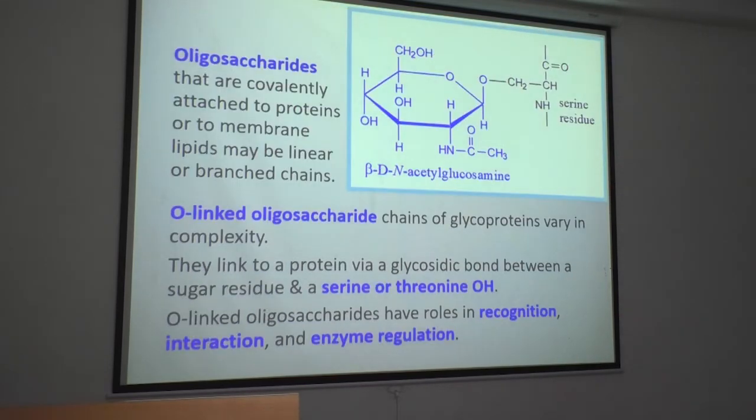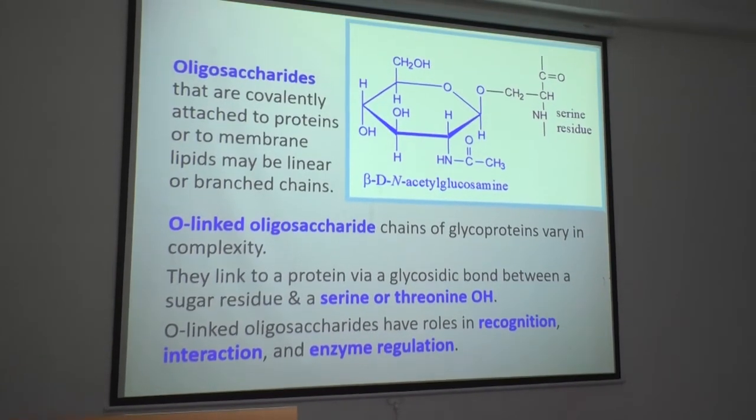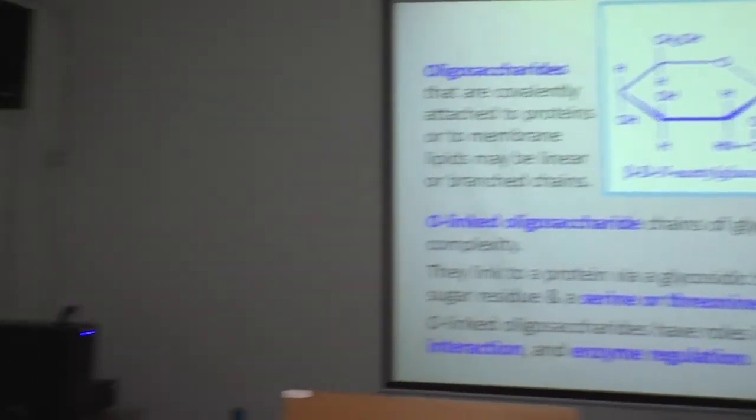Oligosaccharides are basically found attached with glycoproteins mostly, and glycolipids. These oligosaccharides can be of two types, depending on whether they are joined to the protein through nitrogen or oxygen. If they are joined with the protein via the nitrogen of asparagine, glutamine or lysine, they are called N-linked oligosaccharides.